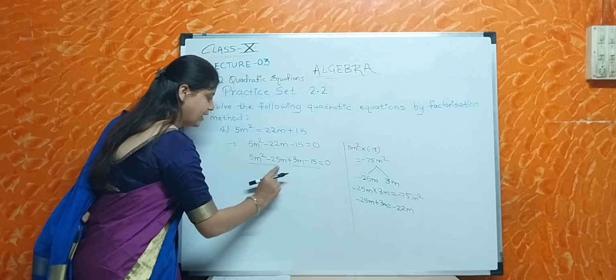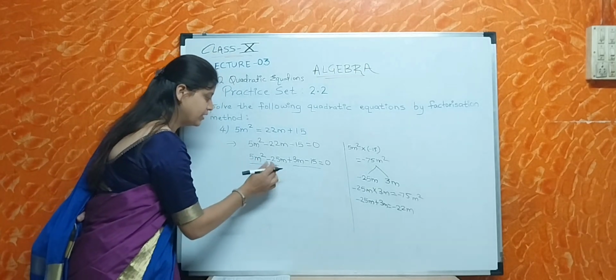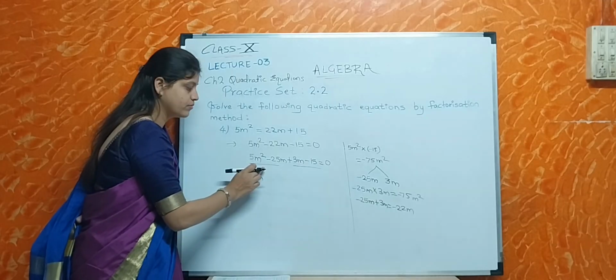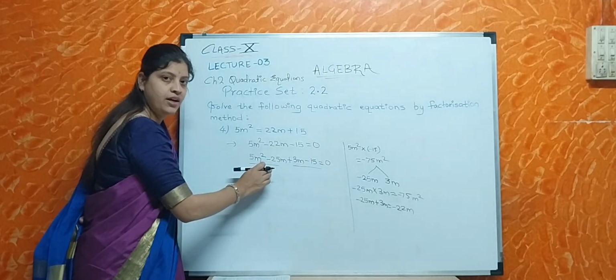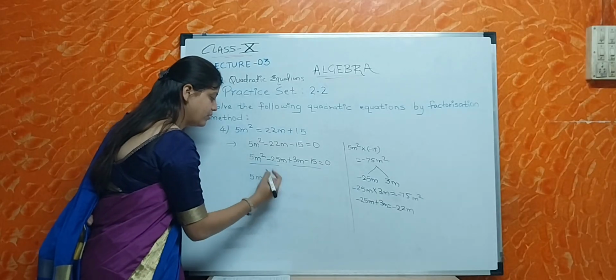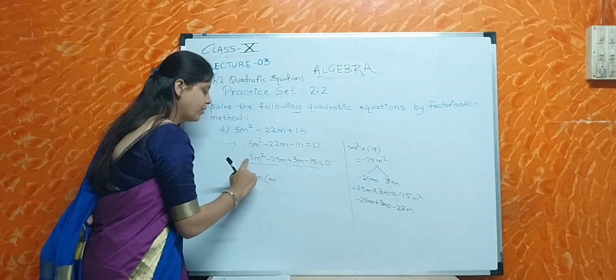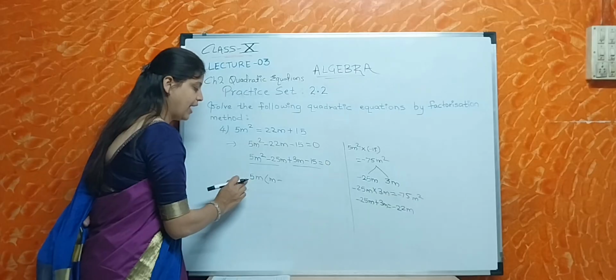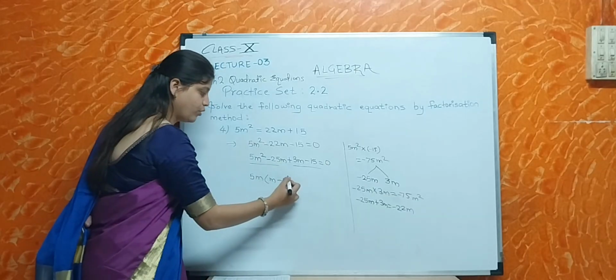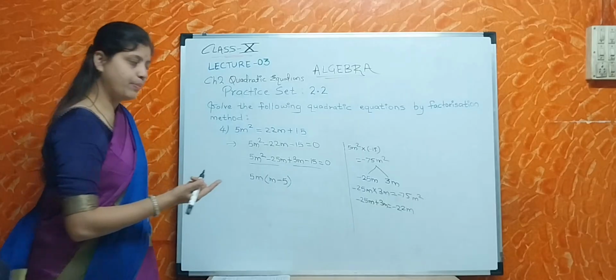Now see, in this term m is common. Also what is common? 5, because 5 into 1 is 5 and 5 into 5 is 25. So 5m is common. So here the remaining term is m minus 5, and 5 5s are 25 and m is outside the bracket. So m minus 5 is inside the bracket.